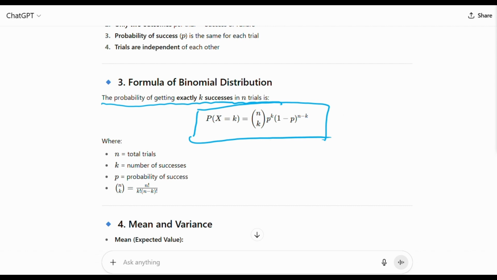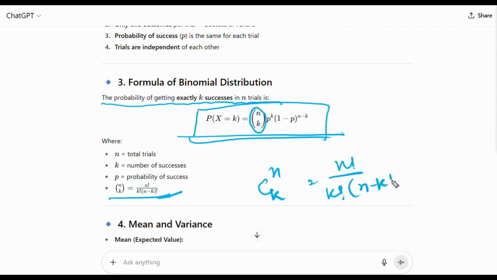In this formula, what does it actually mean? This part is nothing but nCk, a combination. This is the formula of combination: nCk equals n factorial divided by k factorial times (n minus k) factorial. I hope you are aware of these basic formulas.